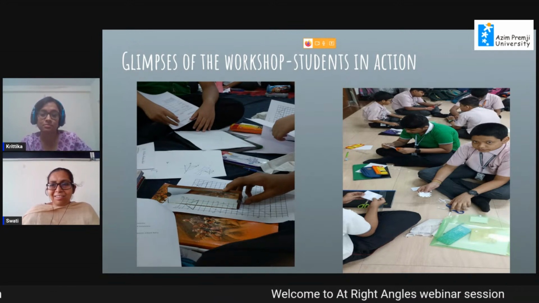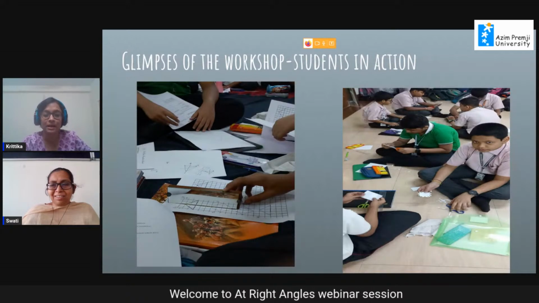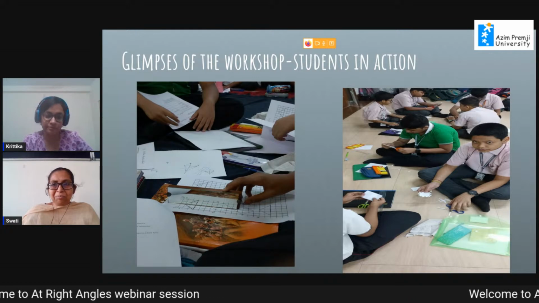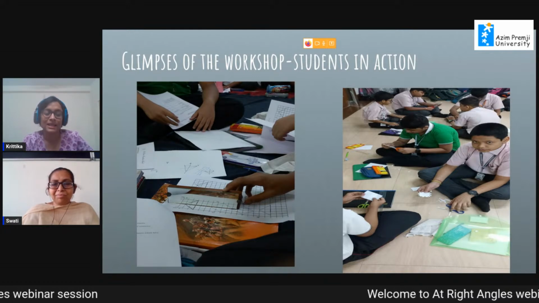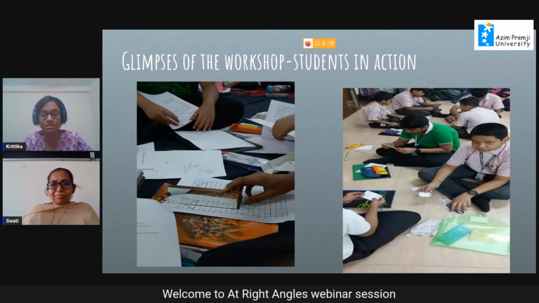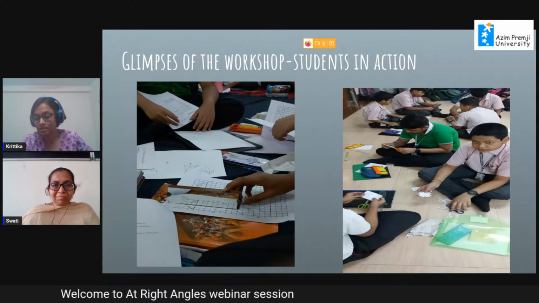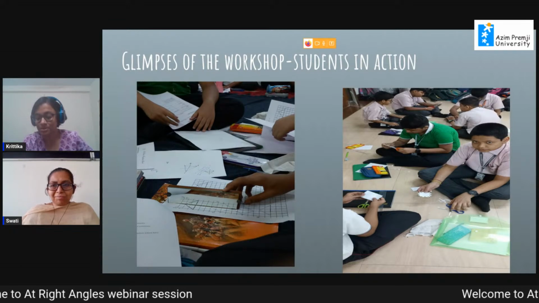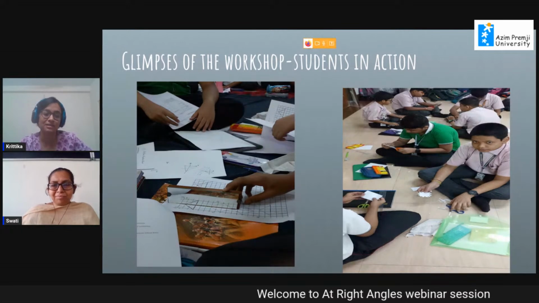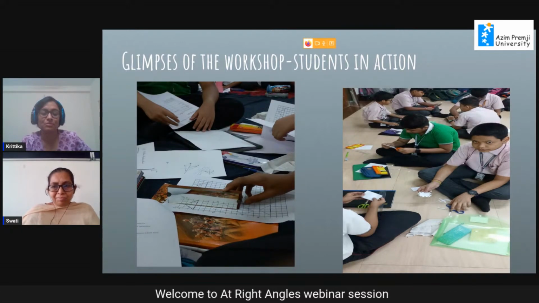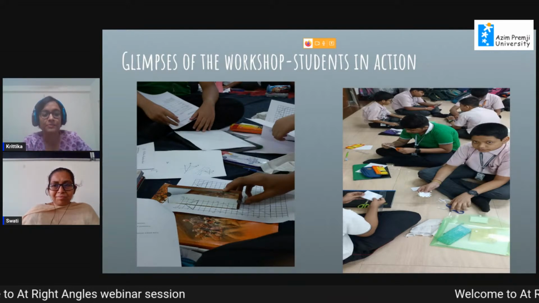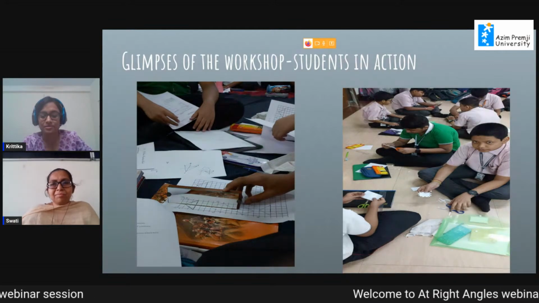But this batch, being the COVID batch for two years, didn't have the chance to do this work in class 5 because we were online, and they hardly had any introduction to symmetry. So I thought I would take them through from the beginning of symmetry and then the worksheet. In the beginning they had some symmetric designs to make and find the line of symmetry.